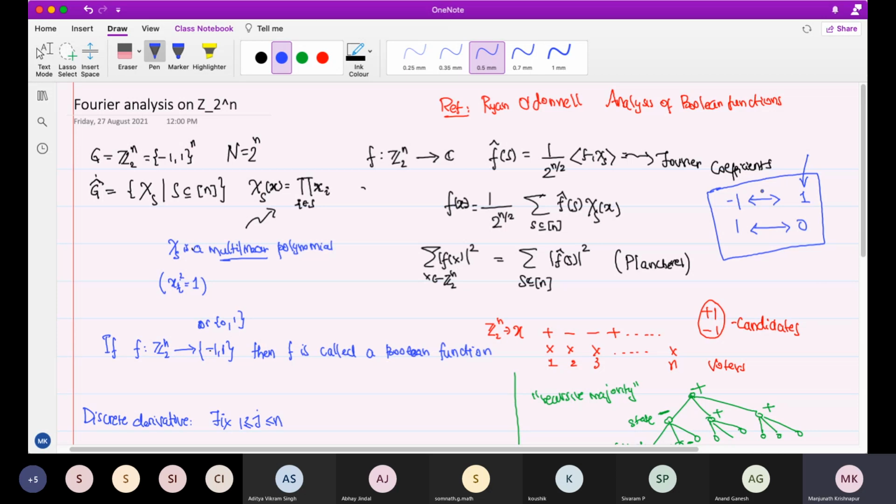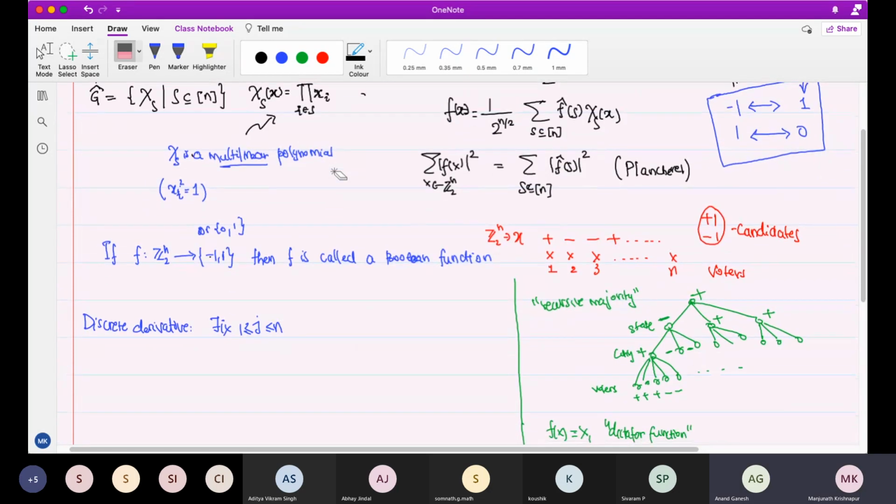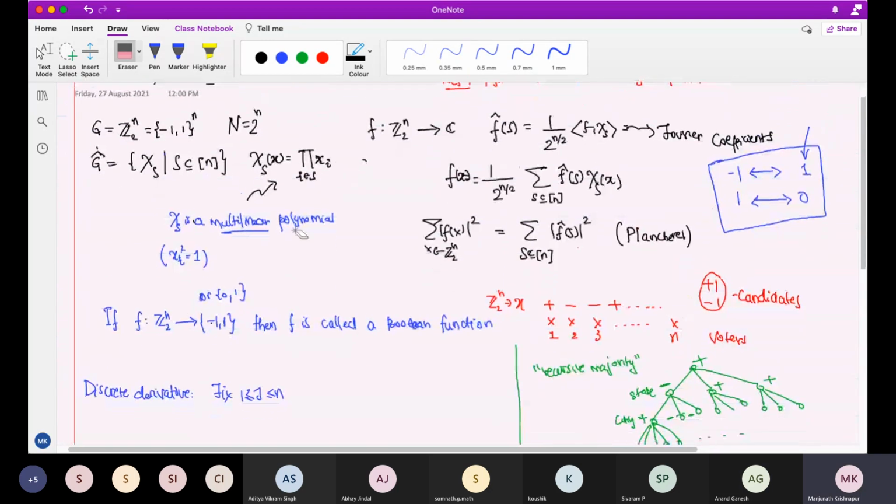So these functions are not characters actually. It's kind of easy to see: if you take any two things and check, homomorphism is not satisfied. But lots of Boolean functions you can write in terms of them, and that is important.